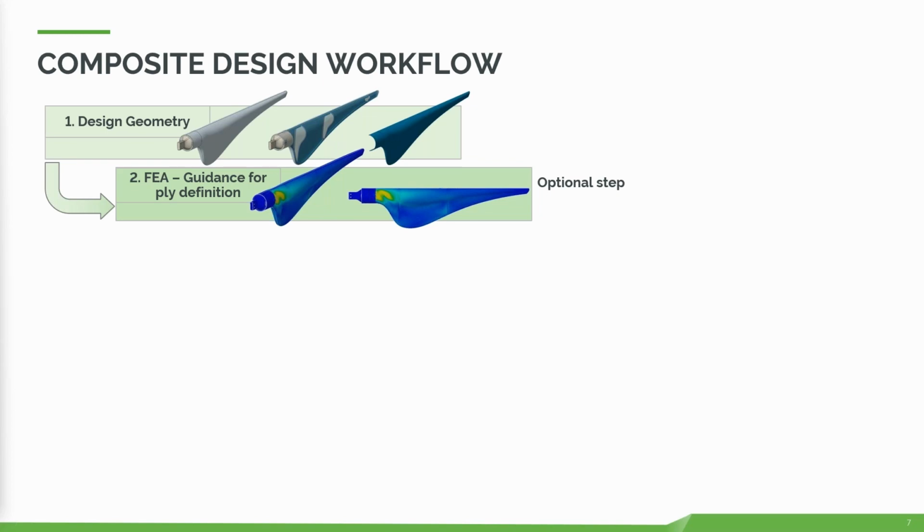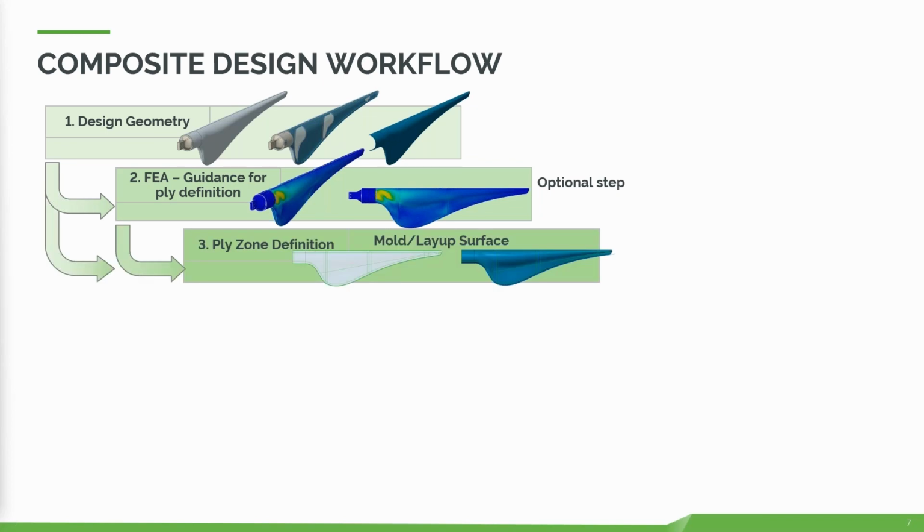We can then go off and define our different ply zone areas, maybe some mold layup surfaces as well. All of that is essentially general Creo design and analysis. If you're on the subscription licensing, you can do all of that there. You've got some simulation capabilities in there, and we can define that geometry and all the rest of it.